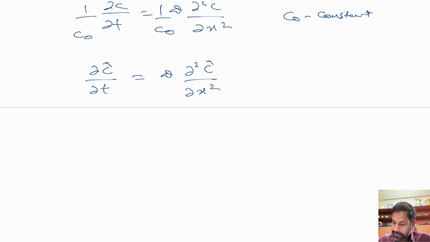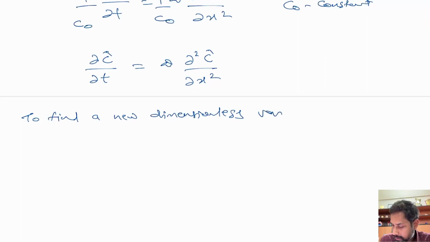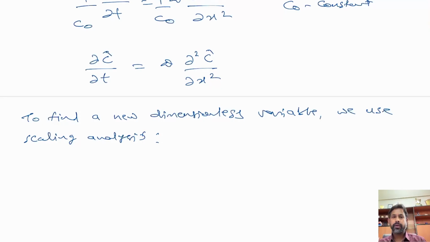To find a new dimensionless variable, we use scaling analysis. This is something we have done previously in the course, and that's why I'll not go into the detail.